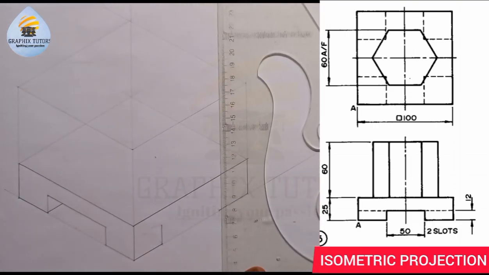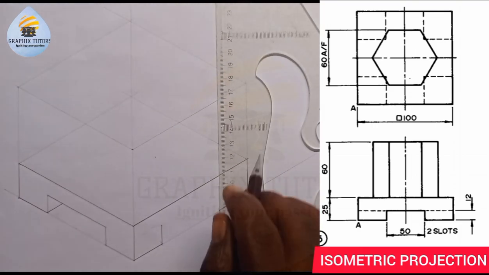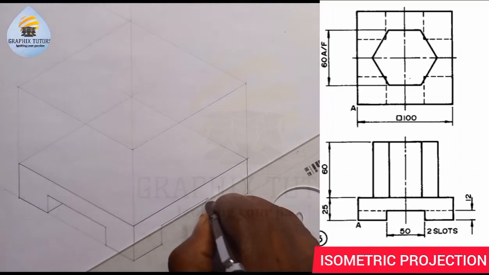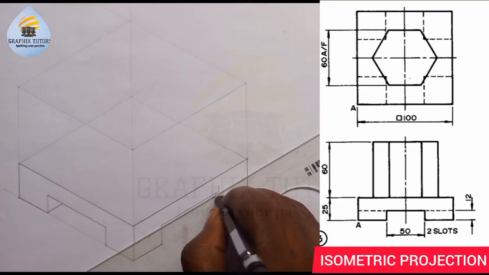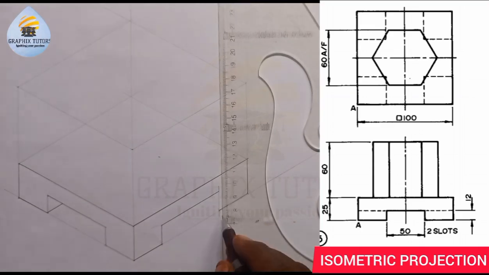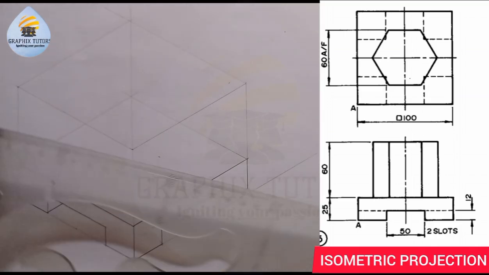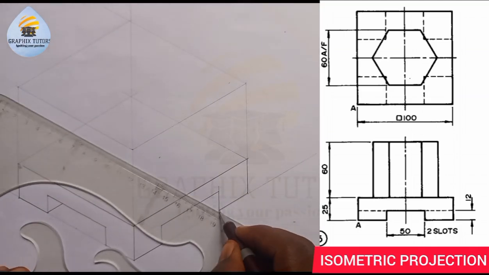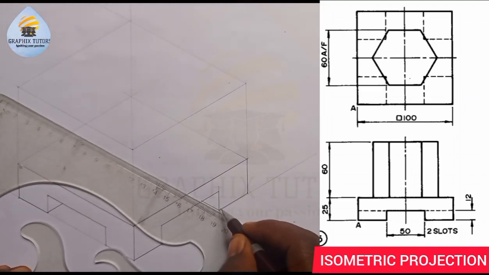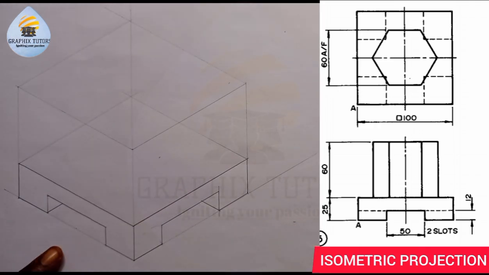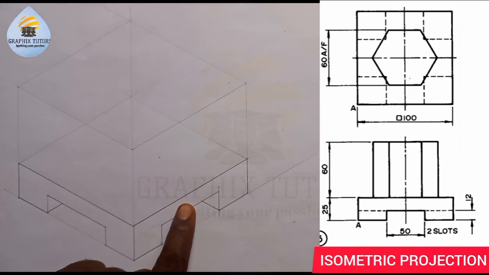Then I'll take this up to faint line first, which I'll just take from this point to touch here. Then from this point to touch here. Right? So this is going in. Can you see that? So these are the 2 slots. Slot from here and a slot from here.